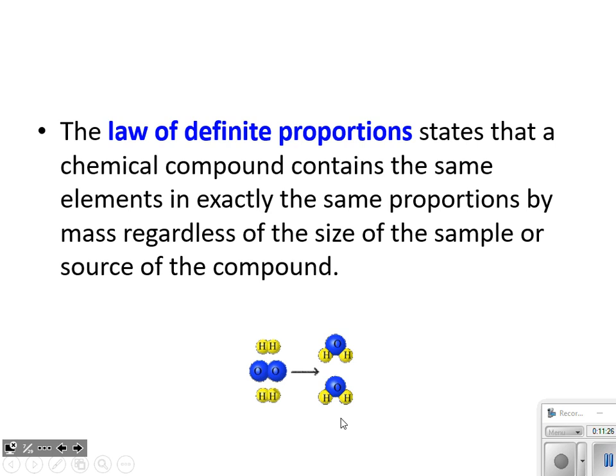Whether you have a drop of water, still H2O, or a pool full of water, it's H2O. So there will be two hydrogens bonded with one oxygen, no matter the size.